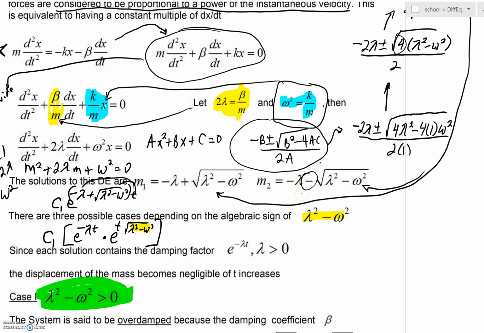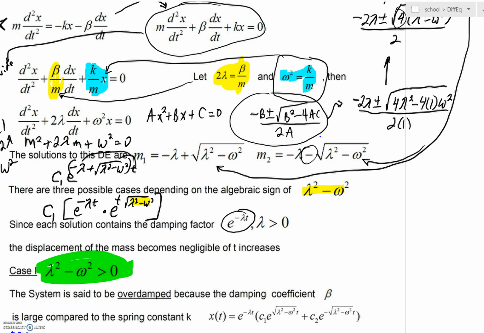And what we're going to see is that each of the solutions will have that damping factor of e to the negative lambda t. Lambda is going to be greater than 0. So we're definitely going to see that this displacement of the mass is going to become negligible as t increases.